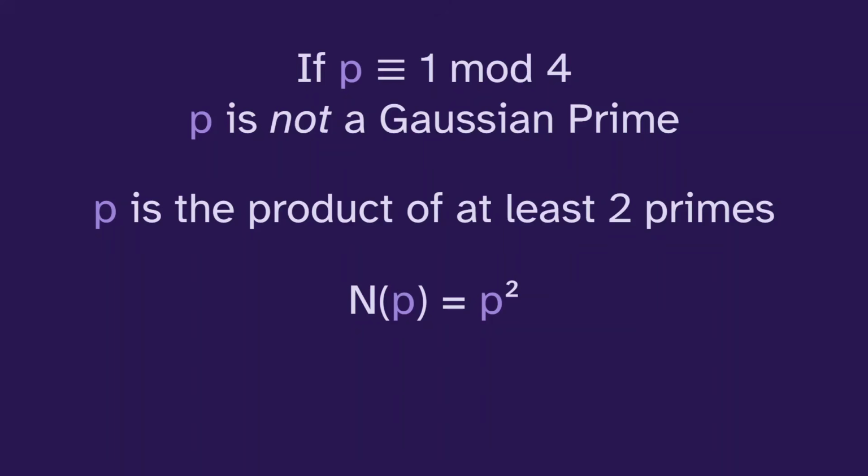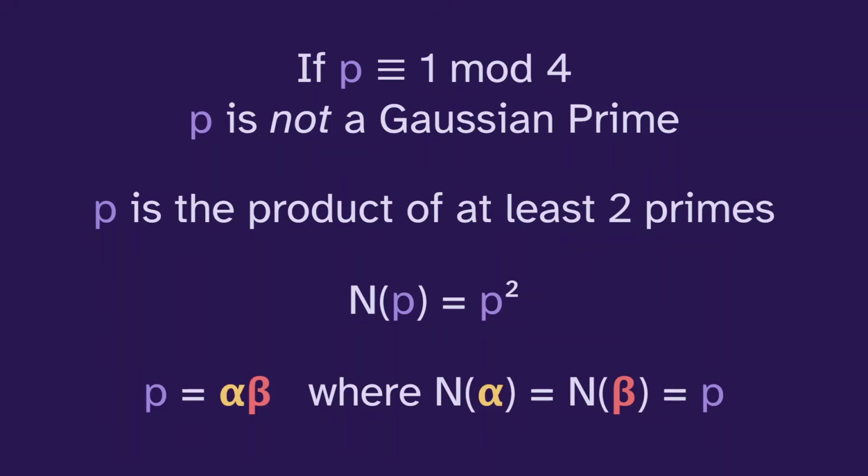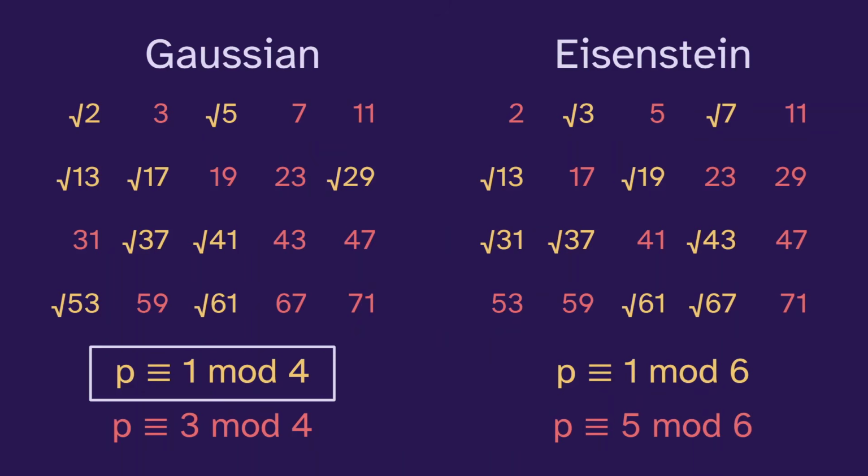So it has at least 2 and at most 2, which means that p is equal to alpha times beta, where the norm of alpha and beta are both p. But the norms are both p, and we recall that the norm is the radius squared, which means the radius of both is root p. And that's why we get root p whenever p is congruent to 1 mod 4.